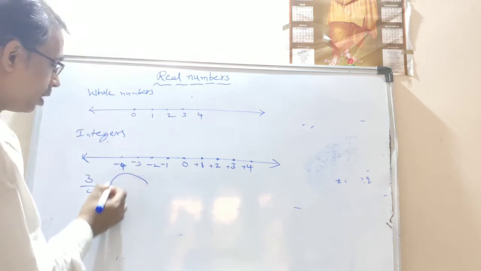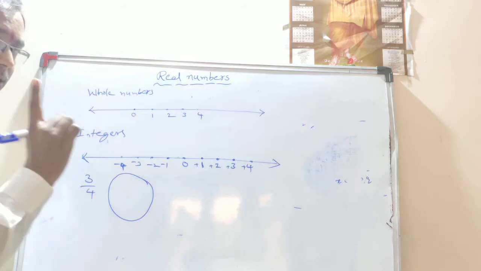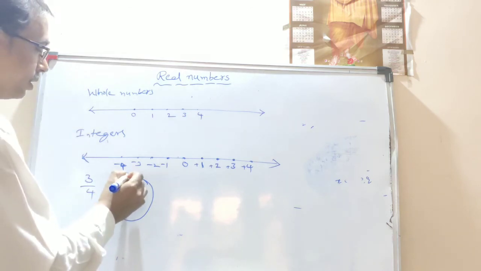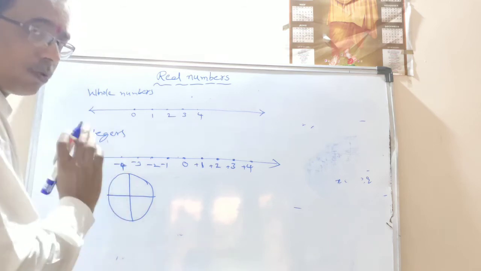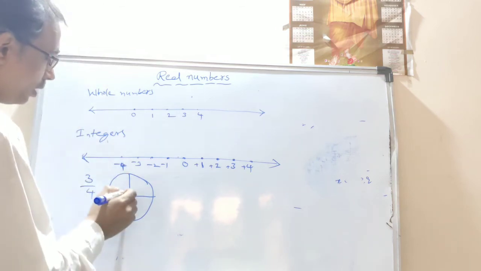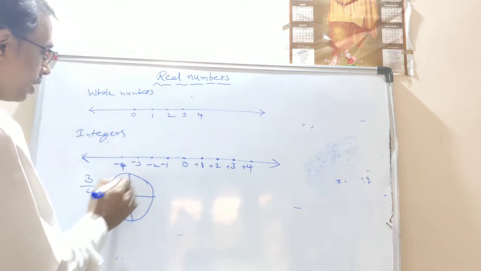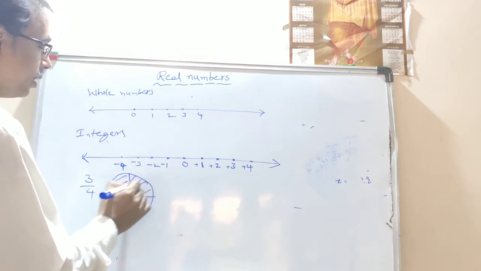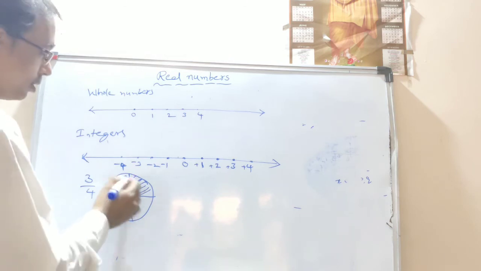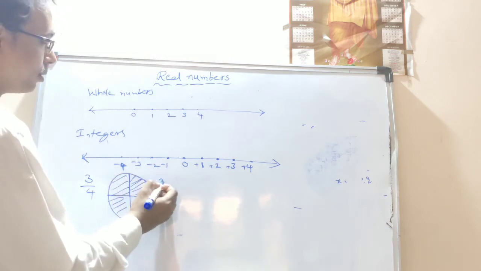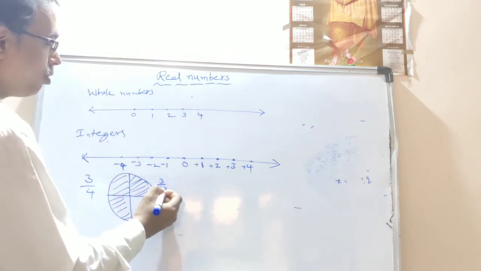I am taking 1 unit, and this 1 unit can be divided into 4 equal parts. From these 4 equal parts I am selecting 3 parts. That means these 3 shaded regions represent 3 by 4.